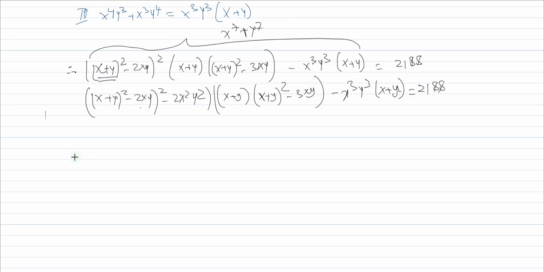Well, guys, I actually never saw a problem like this with the power 7. That's the reason why it's going to be kind of long.